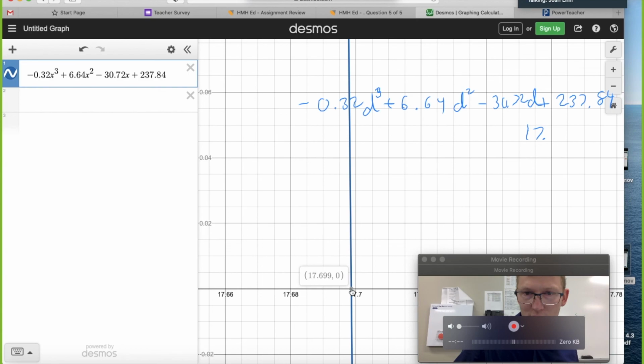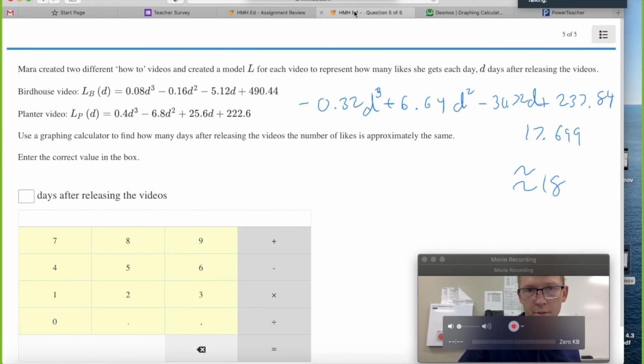What number did I say? 17.699, which then rounds to 18. So we're going to use 18 because they're talking about a whole number of days after.